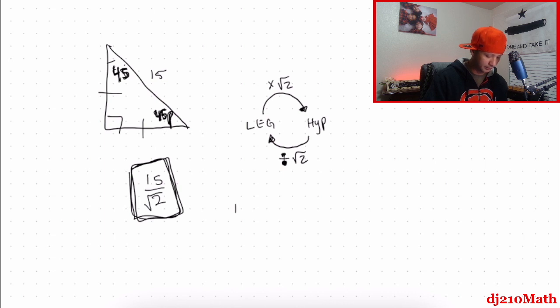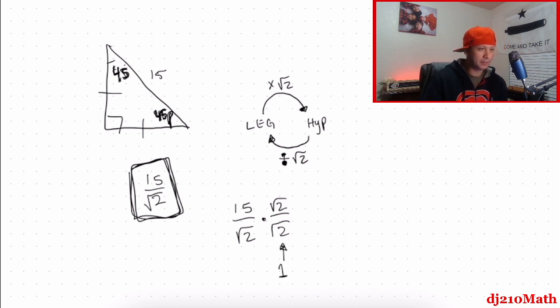So in this case, 15 divided by root 2, the way that we do this, we have to multiply this fraction by another fraction. In fact, anything divided by itself is 1.